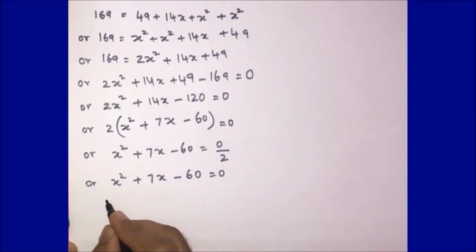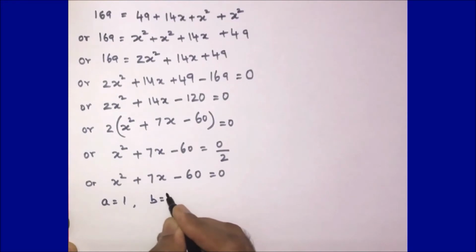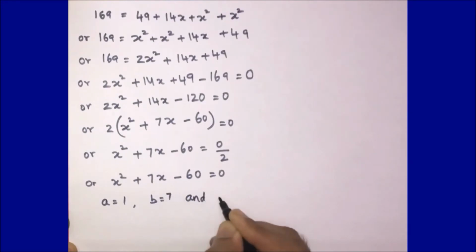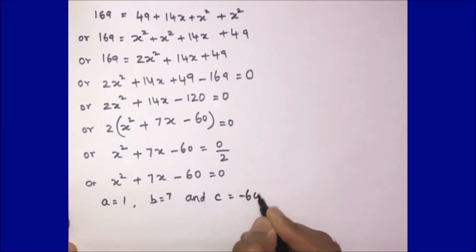Keeping this in mind, here a is equal to 1, b is equal to 7 and c is equal to minus 60.